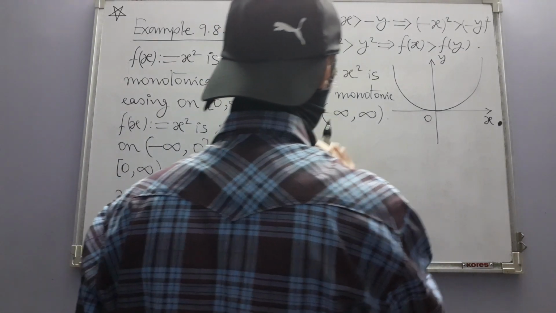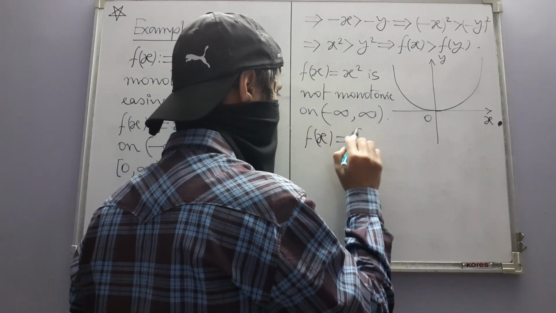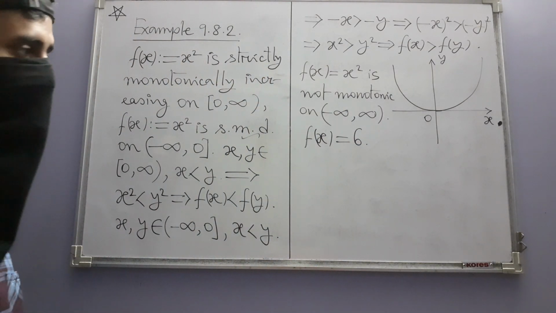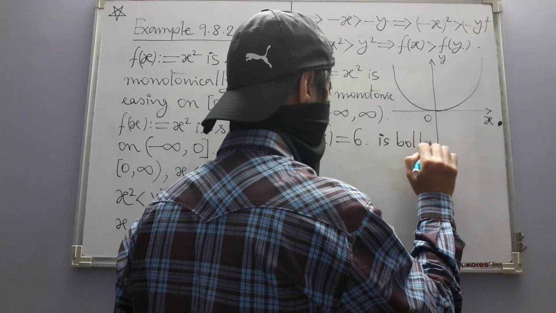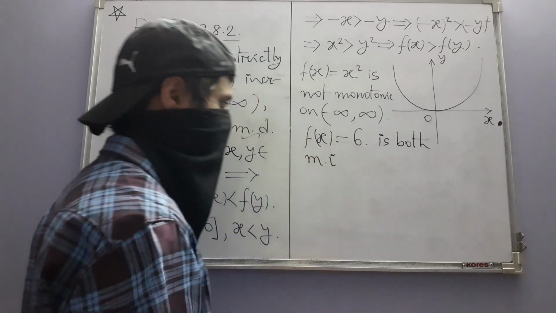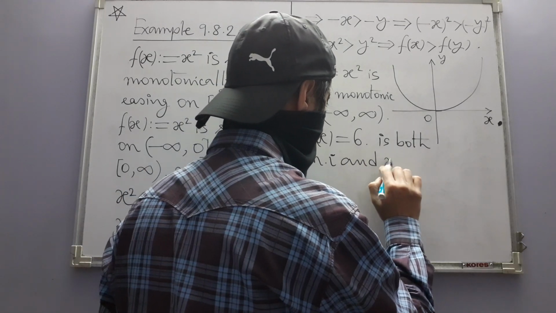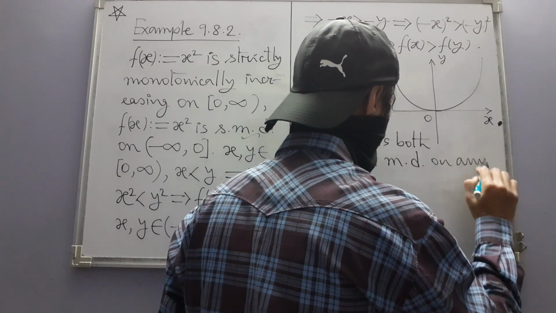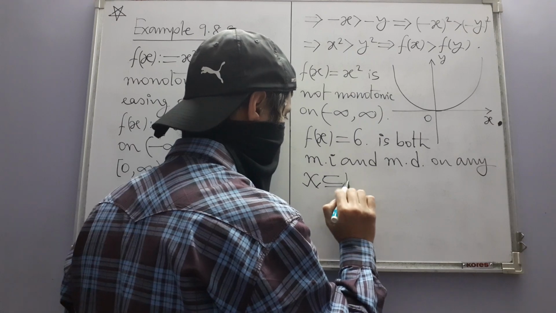Now, instead of this square function, if you consider the constant function 6, then this is both monotonically increasing and monotonically decreasing on any subset X of R.